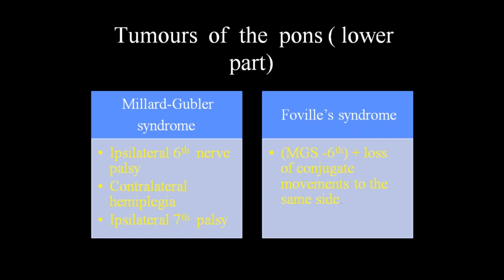When there is loss of conjugate movements on the same side, but all the features of Millard-Gubler syndrome are present, then it is called Foville syndrome.